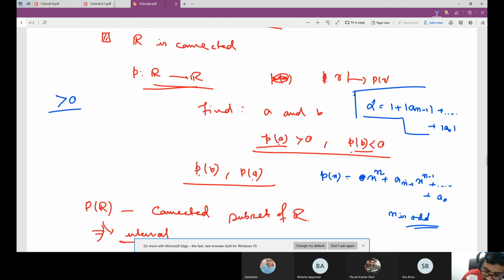Try to take this alpha and see whether this is strictly positive.